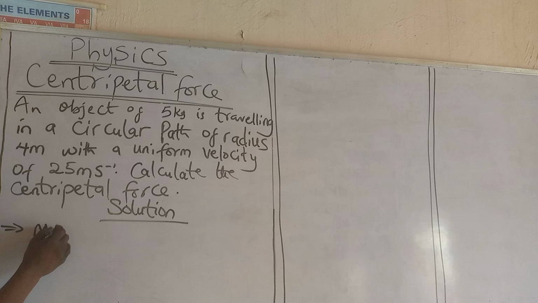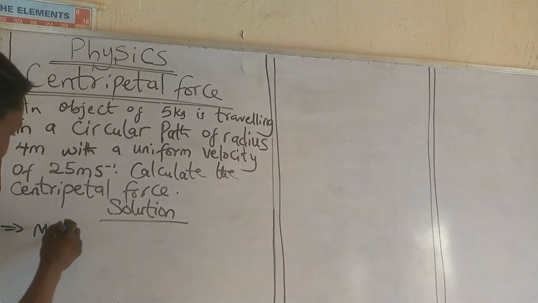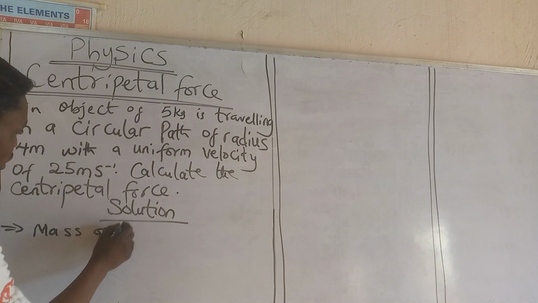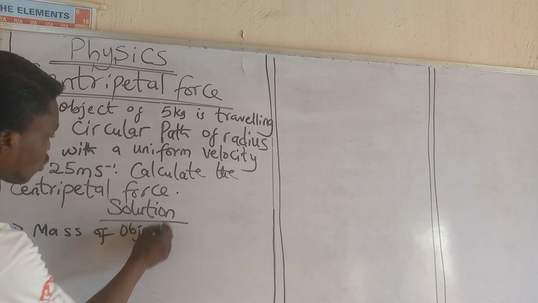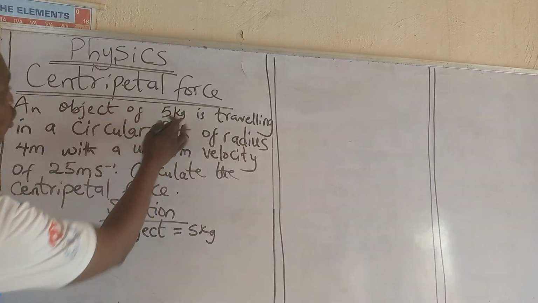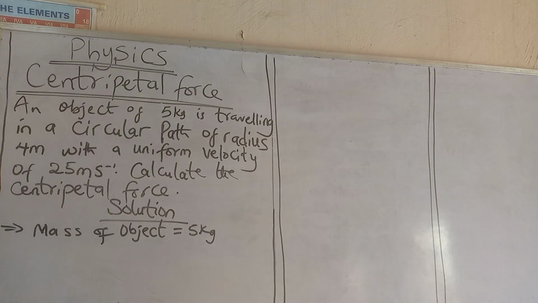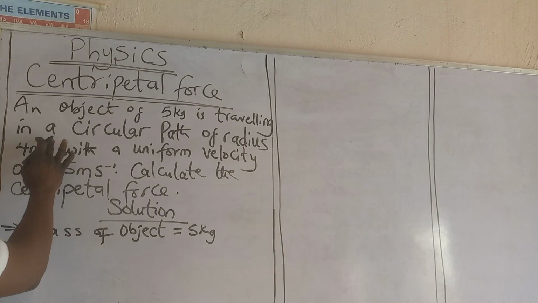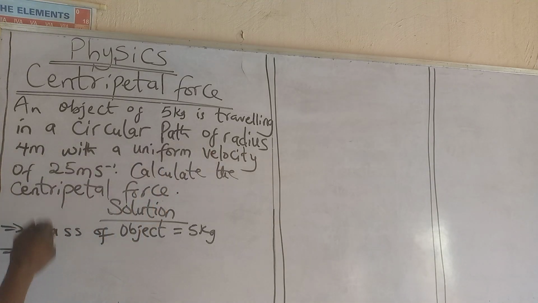Mass is given because kilogram stands for mass. So the mass of the object is given to us as 5 kilograms. Now, because it is in kilograms, we are not converting it to any other unit of mass. The other one is in a circular path of radius 4 meters.